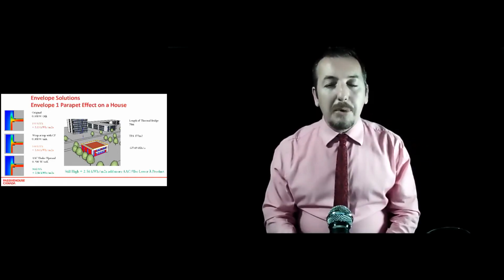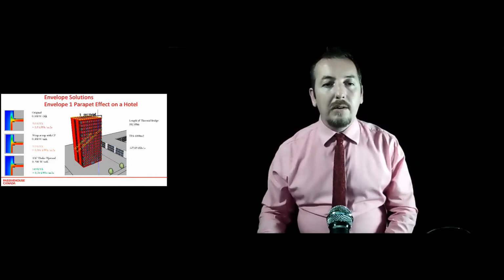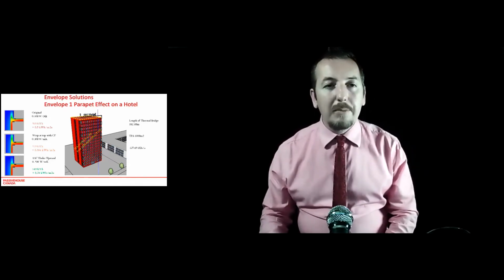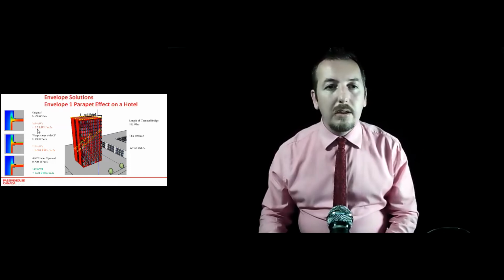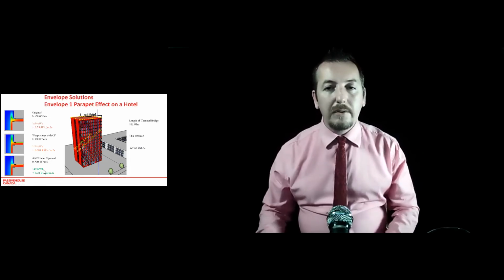So next I applied it to a hotel. And what's happened here? It's only 0.5 kilowatt hours in the worst case, 0.384 in the intermediate, and 0.24 in the best case.